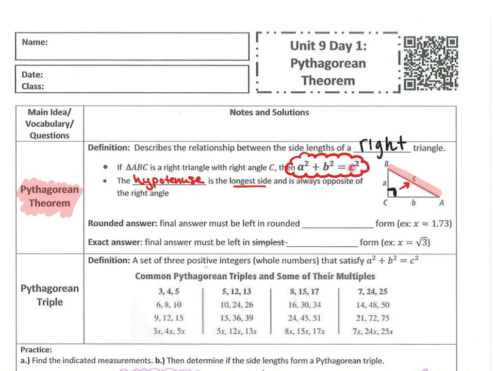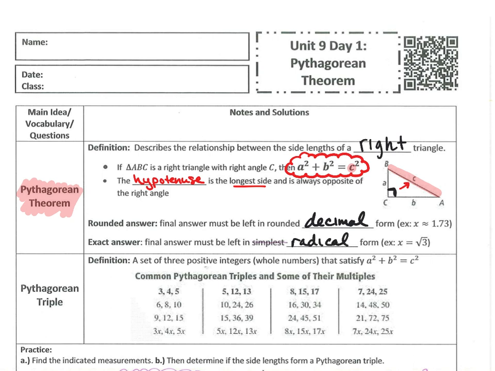When you give me an answer for the Pythagorean theorem, there's three ways you can write it. The first way, and probably the one you're going to be most comfortable with, is in rounded decimal form. So look for how much I want you to round to, probably 2 decimals every time. So we'll make sure we round. But if it asks you for what's called an exact answer, your answer will be left in radical form. Now, if you notice, it had the word simplest right there, and I marked it out on your notes.